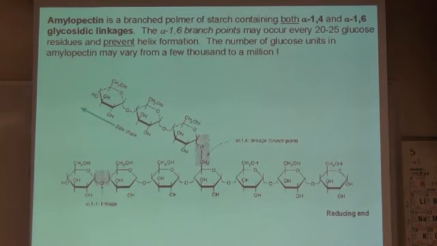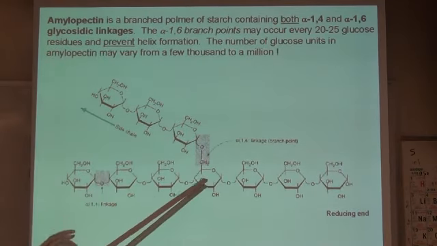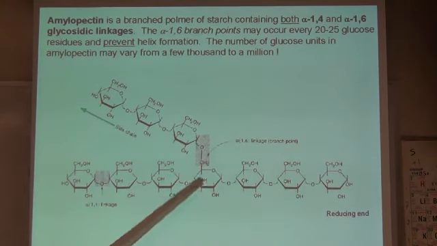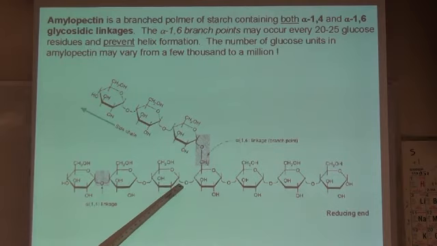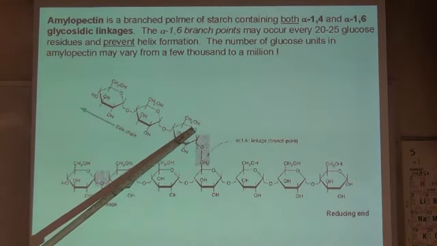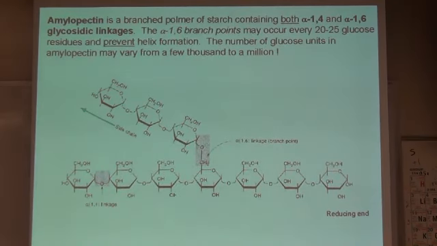If we look at amylopectin, notice our branch points. Here we are at our normal oxygen, 1 to the right going down. This is alpha, carbon 1 to carbon 4. This is alpha 1,4 linkages all the way through. And when we hit a branch point, it goes alpha 1,6 because it connects carbon 1, the anomeric carbon, to carbon 6.